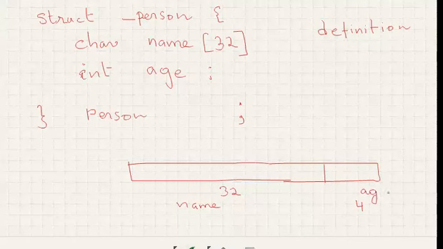But care must be taken that sometimes, because of optimization, the compilers will actually allocate more memory than what is required. In here, our memory requirement is 32 plus 4, which is 36 bytes.